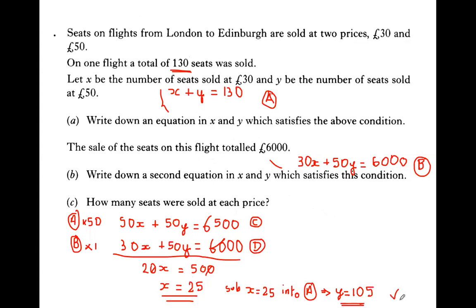So I've checked them in each of my two equations, A and B. And the answer to how many seats were sold at each price: 25 seats were sold at £30 and 105 seats were sold at £50.